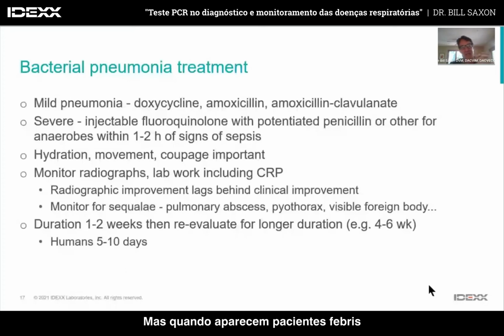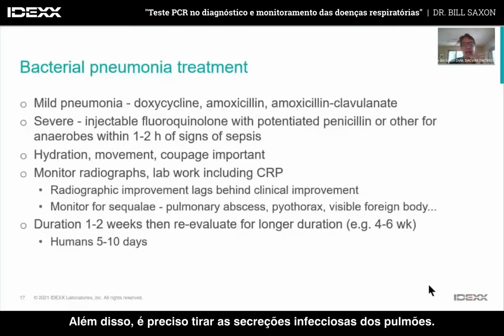However, when these guys come in and they're febrile or their neutrophil counts are really low, indicating acute suppurative infection, and they're in distress, the ones that don't look great, the sooner we can get them on potent, broad-spectrum injectable antibiotics, usually in combination, so maybe a fluoroquinolone or aminoglycoside for gram-negatives with a potentiated penicillin or clindamycin or metronidazole for anaerobic or more broad-spectrum gram-positive coverage, helpful.